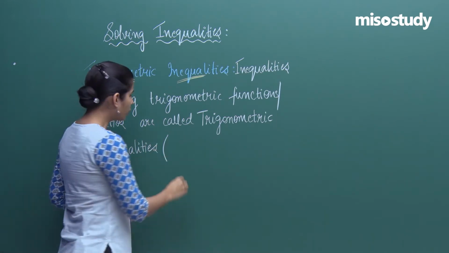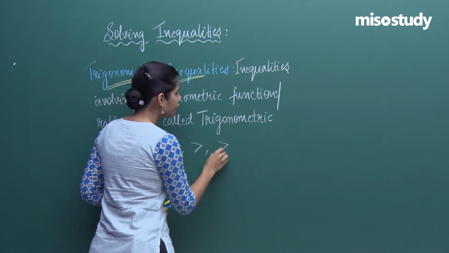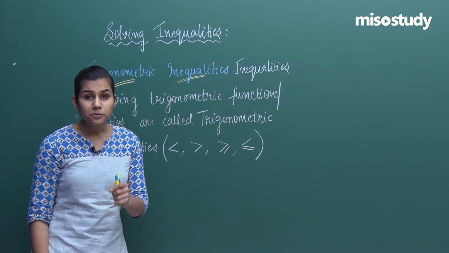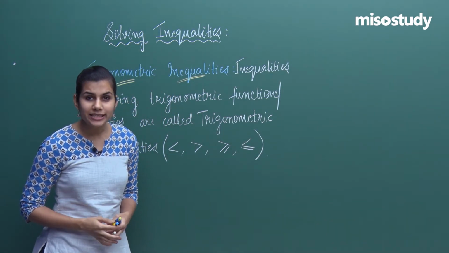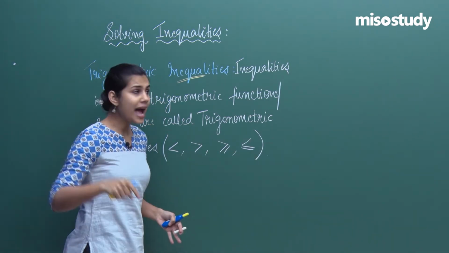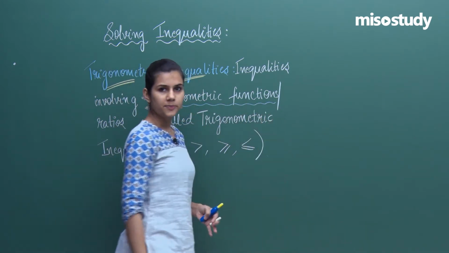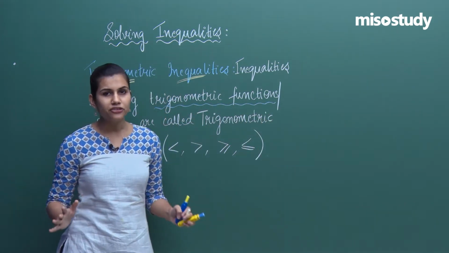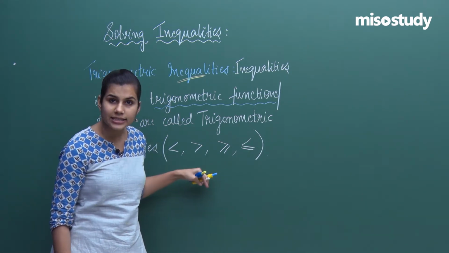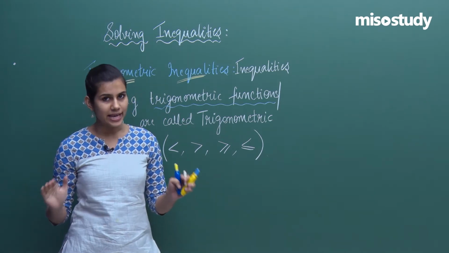We know the inequalities: strictly less than, strictly greater than, greater than or equal to, less than or equal to. That means we will be dealing with a picture consisting of all such signs and trigonometric functions. An expression which consists of trigonometric functions and such signs is what is called a trigonometric inequality, which makes sense.